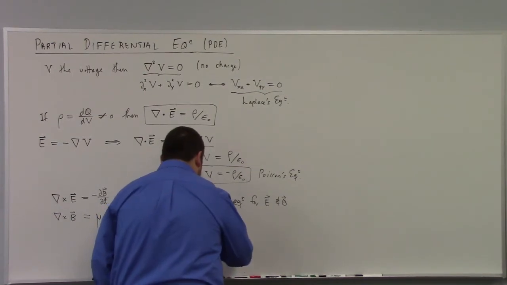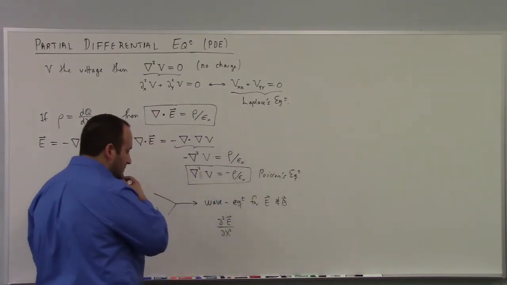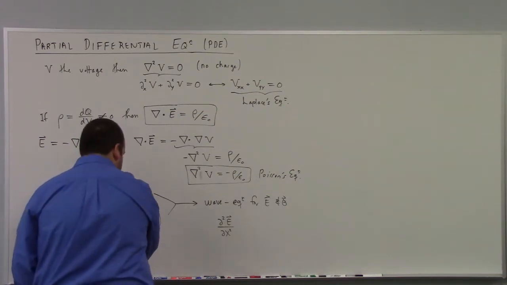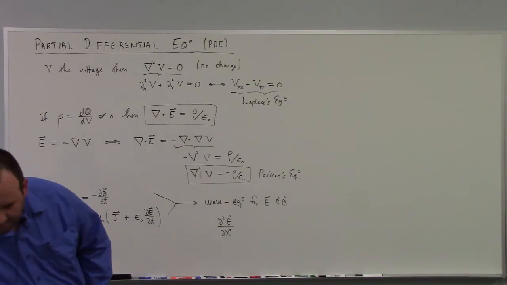I guess it's got to be partial x squared.